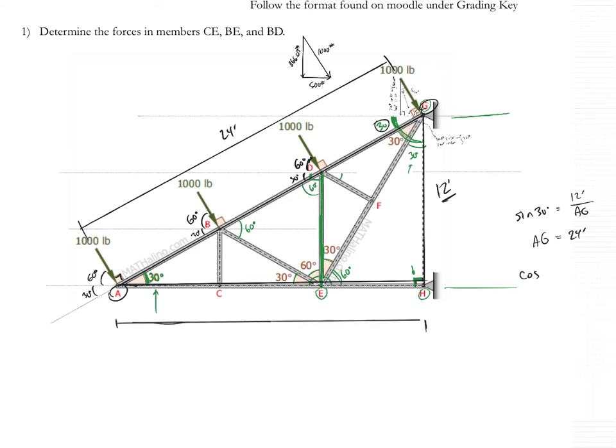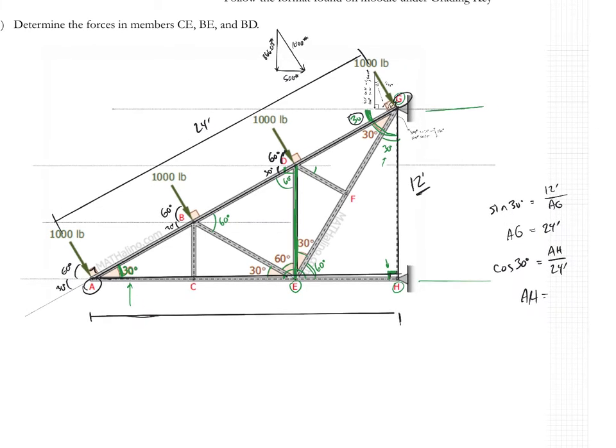So cosine of 30 degrees equals the adjacent, AH, relative to the hypotenuse, 24 feet, right? So AH equals 24 cosine 30, which is 20.785 feet. Okay, so this is 20.785 feet.